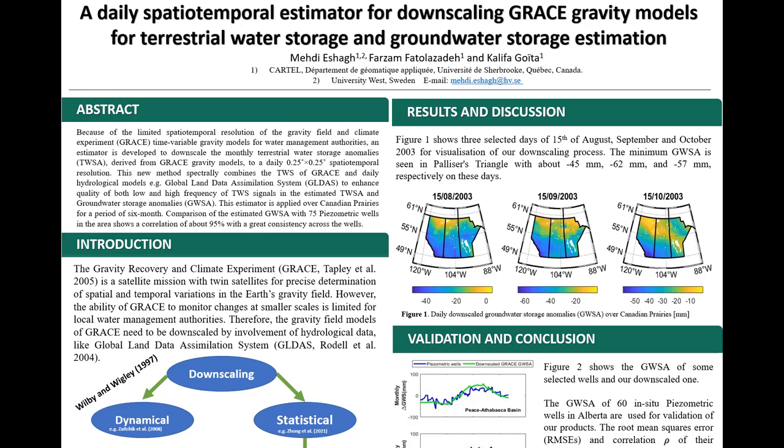How? By subtracting the effect of the other hydrological parameters like soil moisture, snow water equivalent, canopy, and other factors. And then we come to that. This data we have calculated for 11 months on a daily basis, but we cannot present all of them here.